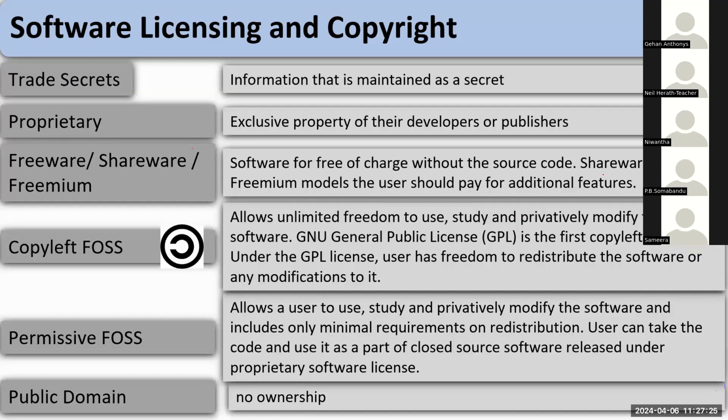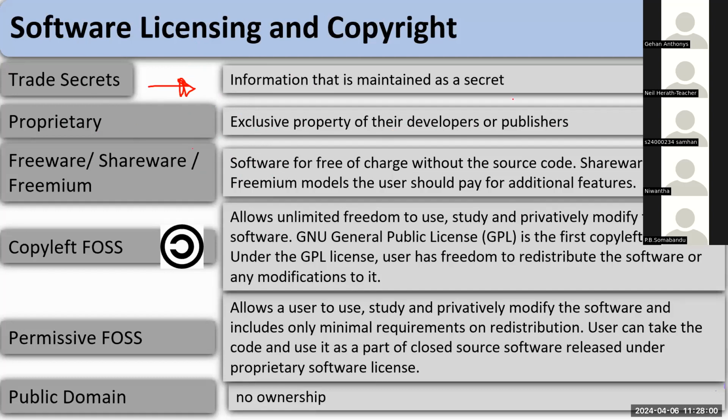Okay, so these are some general things. Trade secret means it is fully a business platform, because their information is maintained as a secret. They will not share the trade information, and also for security purposes, especially in the military services, they will not give information on the website.